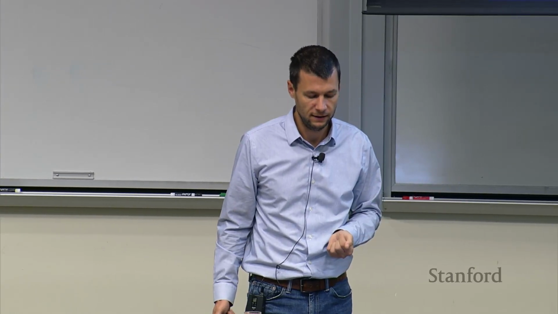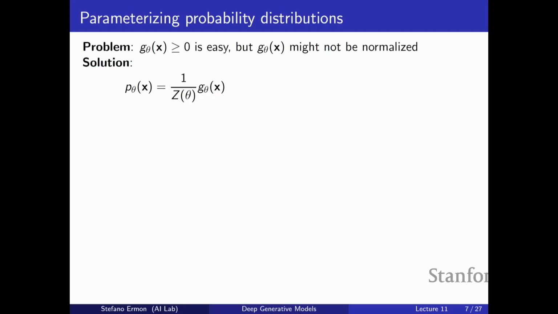The fact is that even given a non-negative function g theta, you can always define a valid probabilistic model by dividing by the total volume, the total area, the total size of the pie, by dividing by the integral over all possible inputs of the unnormalized probability.